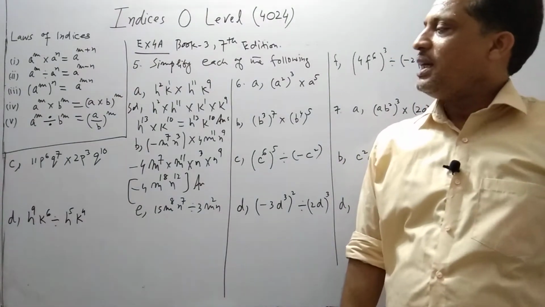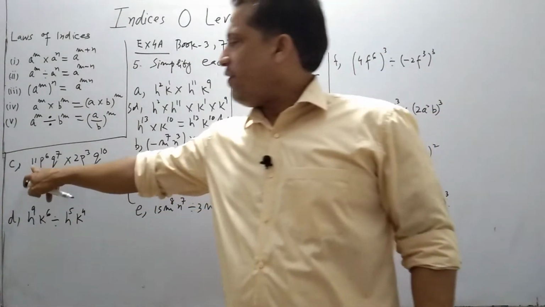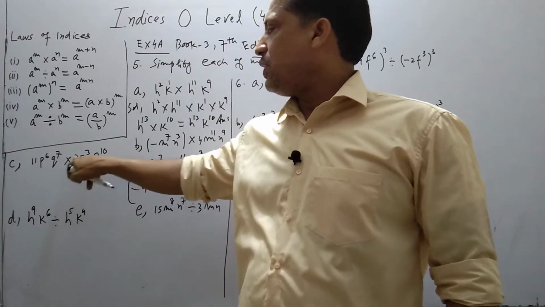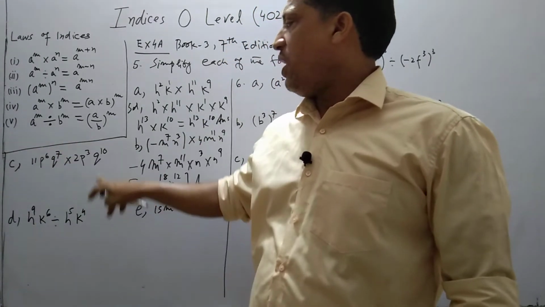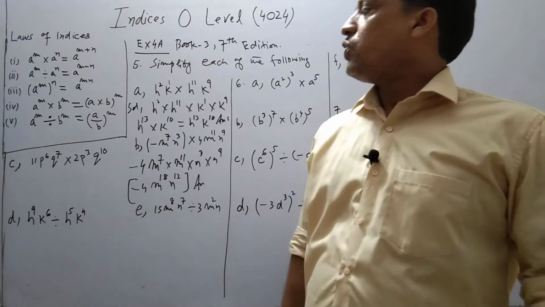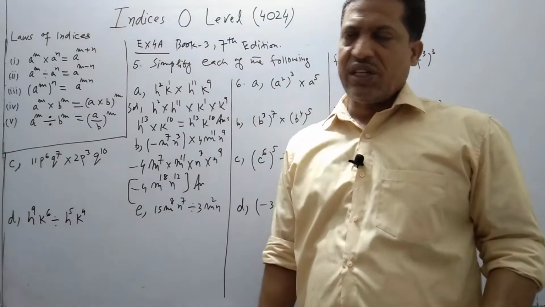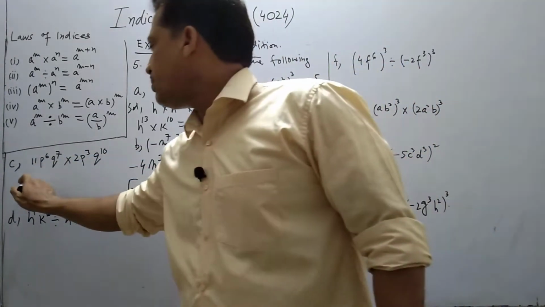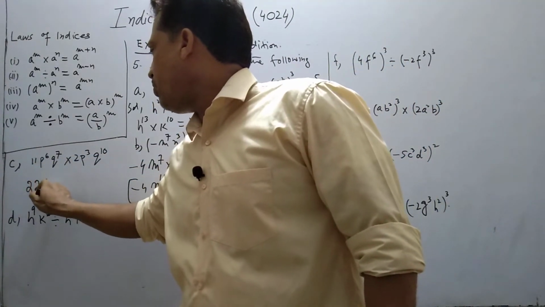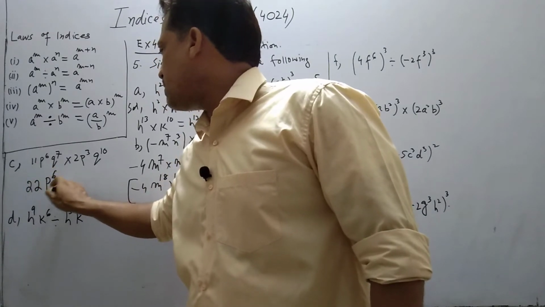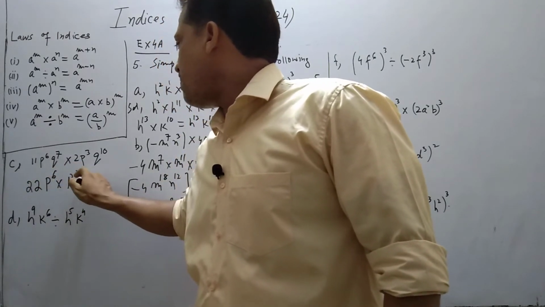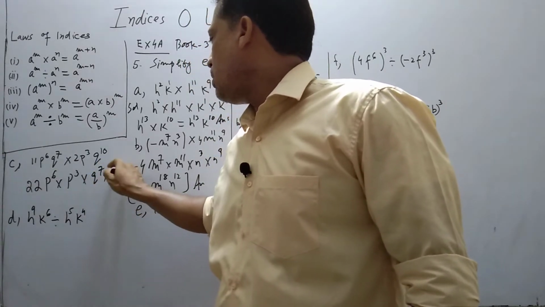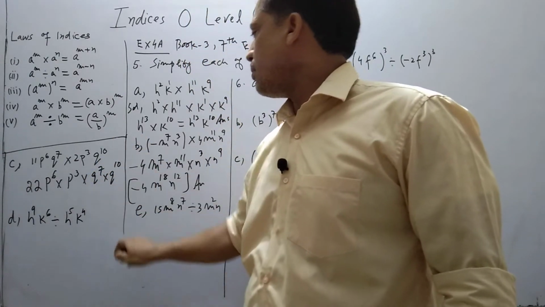See part C. 11 p power 6 q power 7 multiply 2 p power 3 q power 10. So first we have to multiply constants. The constants are 11 and 2. You know 11 2s are 22. p power 6, p power 3, q7, q10.